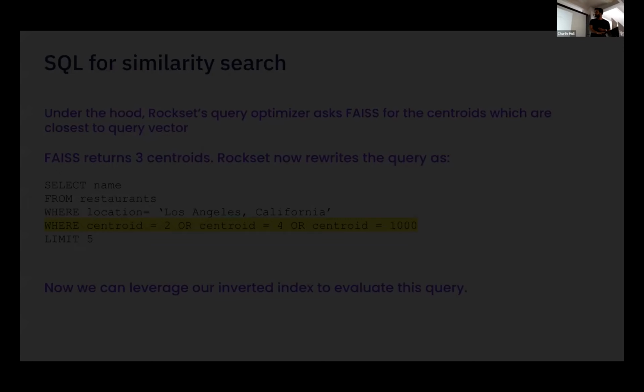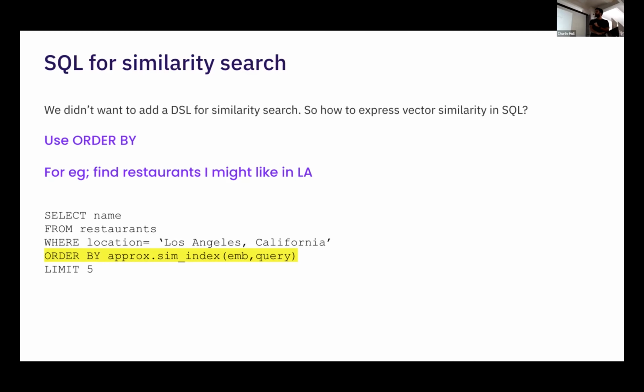Under the hood, given this query, Rockset understands that this order by clause is in essence a vector search. It again queries Faiss: the order by distance uses the embedding column in the existing database, and the query is the query vector.